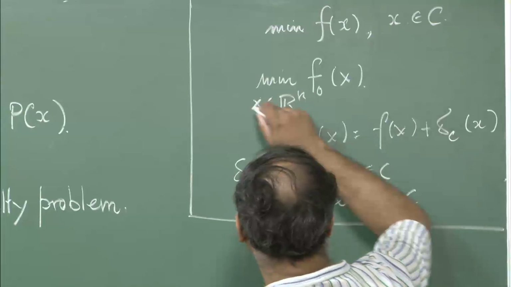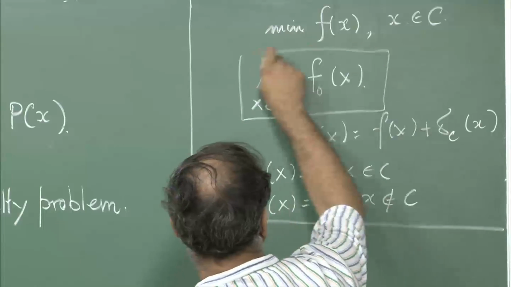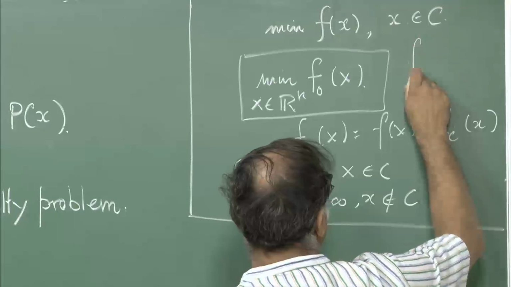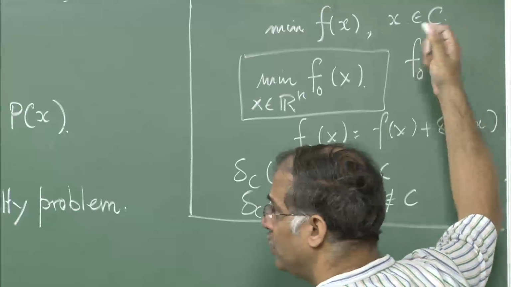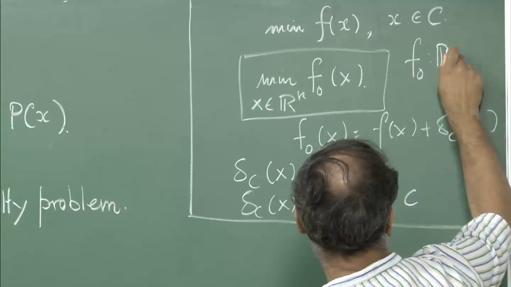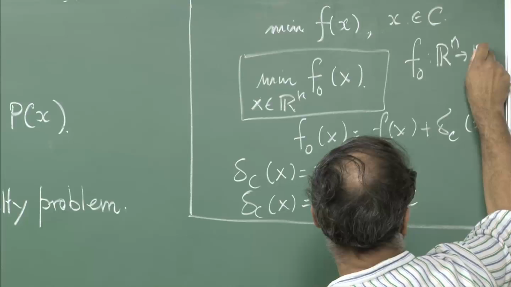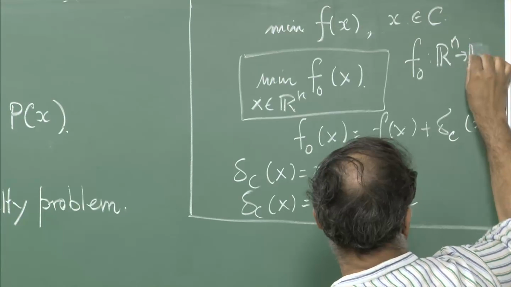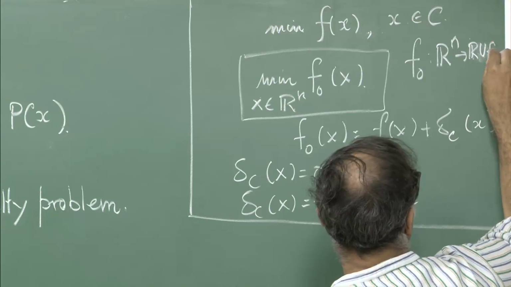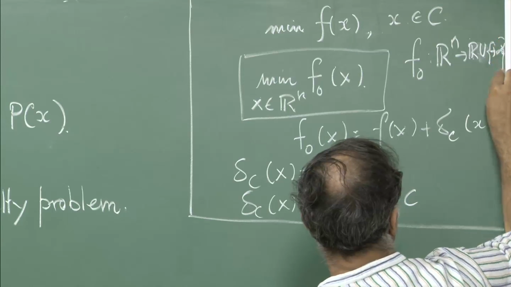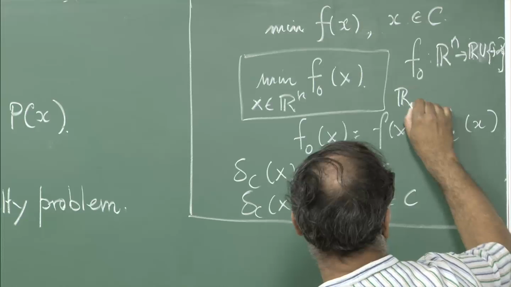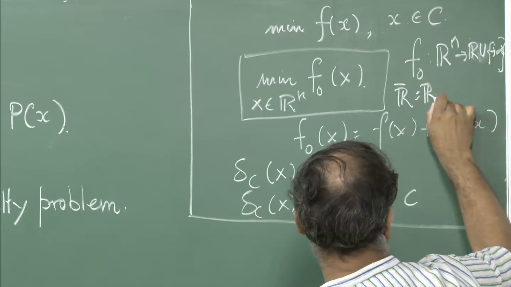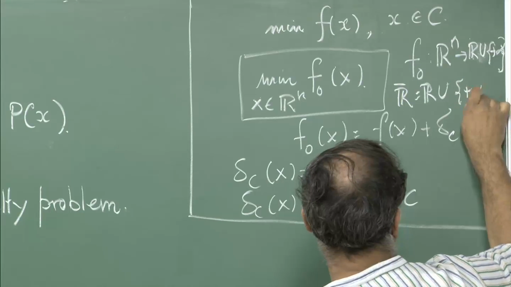So, instead of solving this problem, I can now look at this problem, where my function f naught is no longer a function from R n to R, but is a function from R n to R union plus infinity. I can also write this as R bar, R union plus infinity.